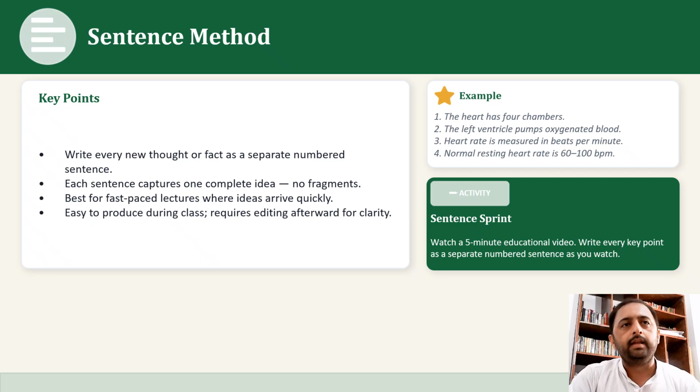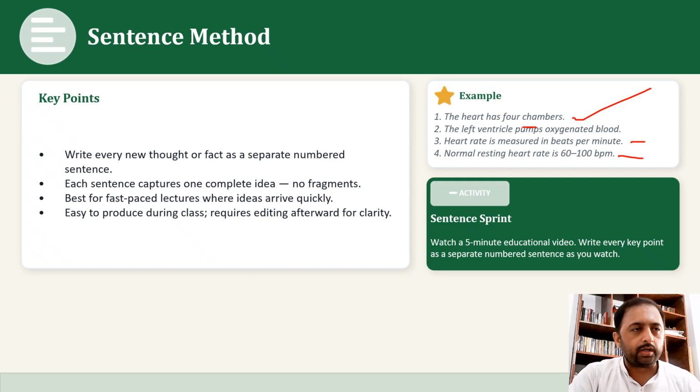For example, the heart has four chambers. Okay. Next, you can write the left ventricle pumps oxygenated blood. Heart rate is measured in beats per minute, and normal resting heart rate is 60 to 100 bpm. So this is a short example of the sentence method.